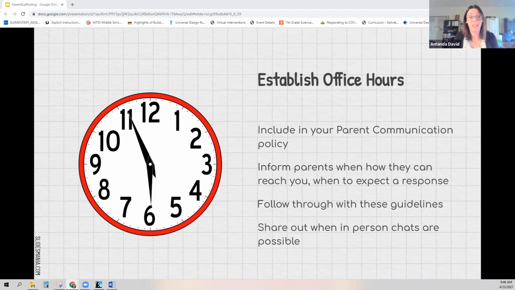And follow through with these guidelines and share out when in-person chats are possible. There's nothing worse than you being on your prep and all of a sudden a parent shows up and you are not prepared and are not in a position to meet. So share out how in-person or Zoom chats, with the way things are right now, are feasible.